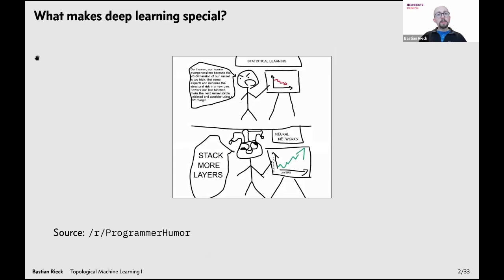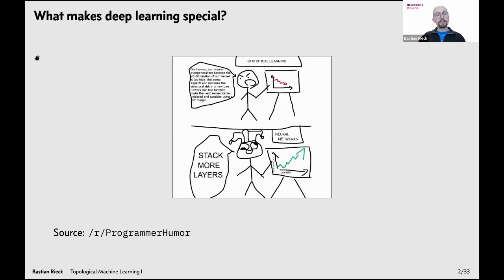Now, what makes deep learning actually special in this case? Don't take this cartoon too seriously, because I don't think there's a big dichotomy between, let's say, shallow learning or classical machine learning and deep learning. But one thing that makes deep learning special is that it is very much like a Lego brick type of construction.